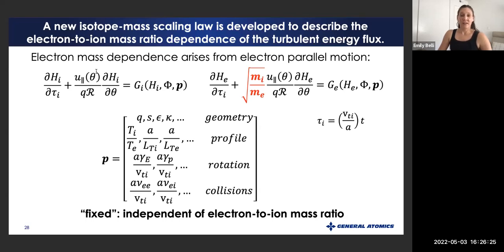So we write the ion and electron gyrokinetic equations in dimensionless form, where time is normalized by the main ion thermal timescale. So here, H_i and H_e are the ion and electron non-adiabatic distributions.